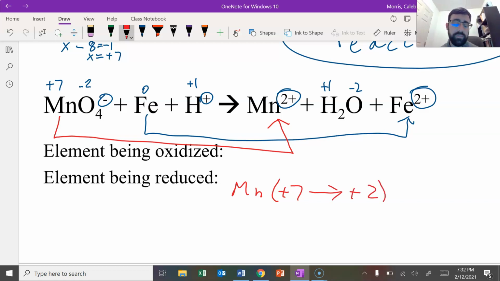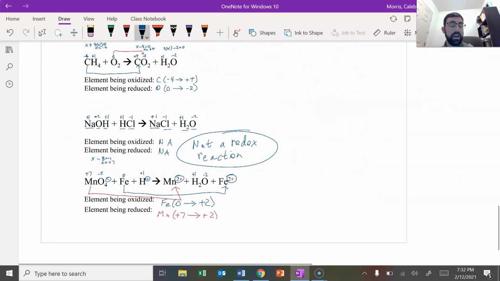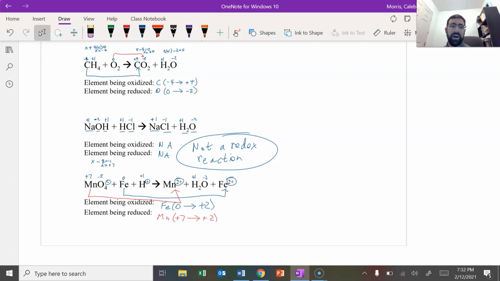Less positive, which means reduction or more negative. And then oxidized, well, that was Fe. Fe went from 0 to +2. That's oxidation. Oxidation, reduction. And now you've had a look at oxidation reduction reactions and how to tell which is which.